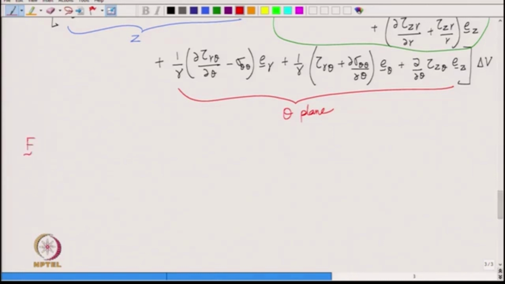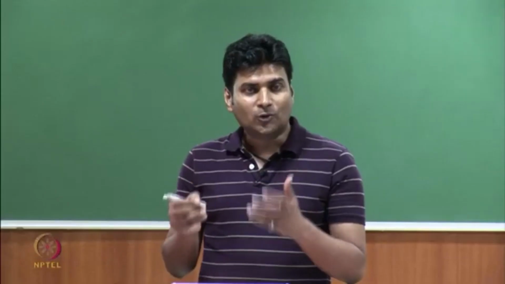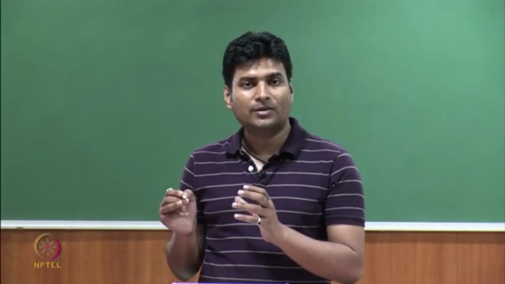So, the force due to body force would simply be B_r E_r plus B_θ E_θ plus B_z E_z multiplied with the volume of the cylindrical element, all right, plus the little o of delta V, of course, it is everywhere, and that has to be equal to rho times acceleration. Remember, rate of change of linear momentum.